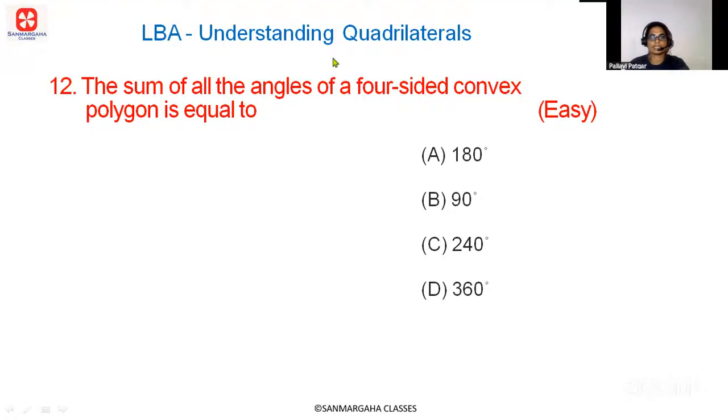Understanding quadrilaterals. In this chapter, look at the question number 12. The sum of all the angles of a four-sided convex polygon is equal to option A 180 degree, B 90 degree, C 240 degree, D 360 degree.